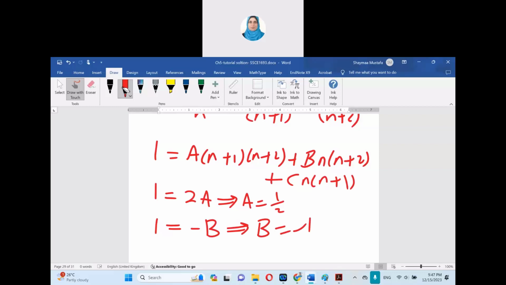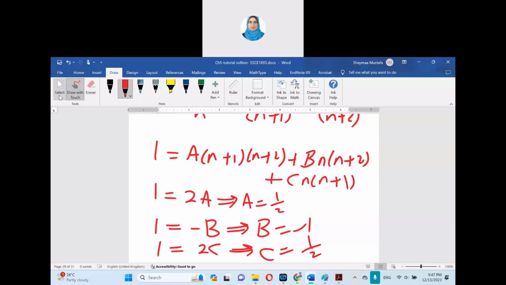Then take n equal to minus 2. So 1 will be equal to 2C, so C is 1 over 2.